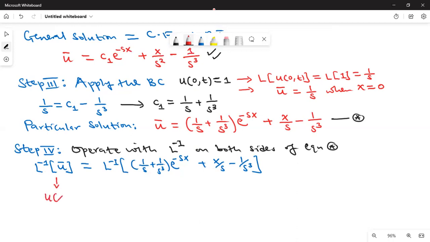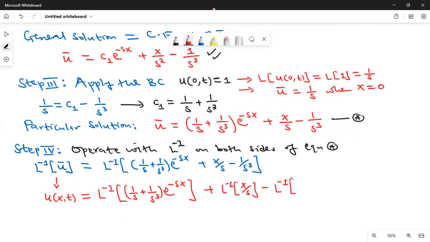That will give you U of x, t is equal to L inverse of 1 over S plus 1 over S cubed times exponential negative Sx, plus L inverse of x over S, minus L inverse of 1 over S cubed. Let us call this equation star star.